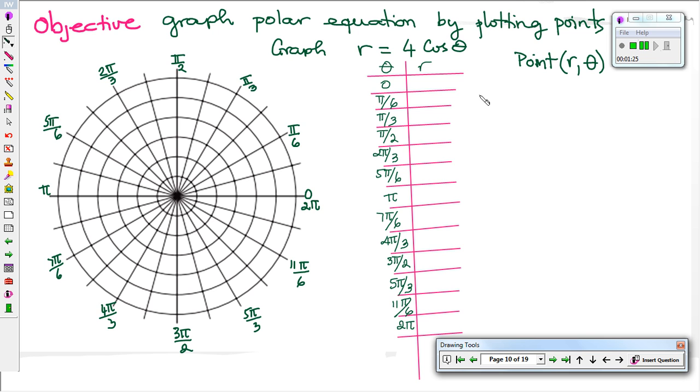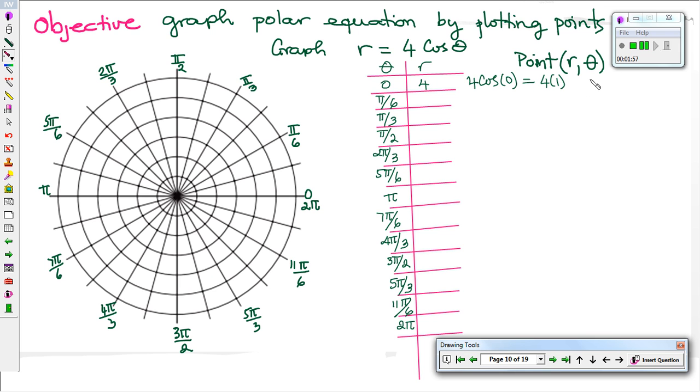Okay. Now let's start to find the directed distance from the pole. So r is 4 times cosine 0. If I do 4 times cosine of 0, that will be 4 times 1, so that will be equal to 4. So I'm going to go ahead and plot the points. The first point will be 4, 0.